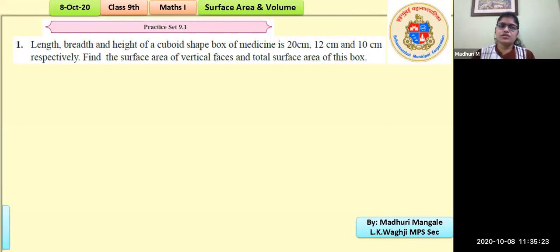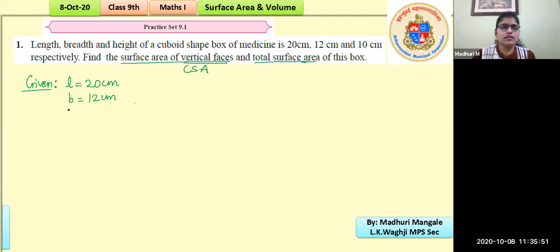Now, please concentrate on the question. It says, find the surface area of vertical faces. Vertical faces is the curved surface area, and total surface area will be the complete one, right? So let us start with what is given. We are given the length, that is 20 centimeter, the breadth, that is 12 centimeter, and the height, that is 10 centimeter.